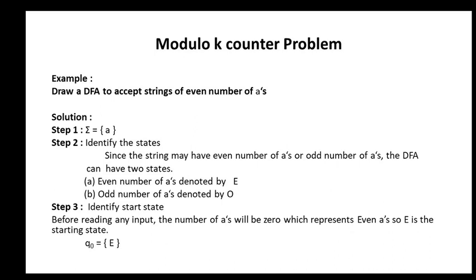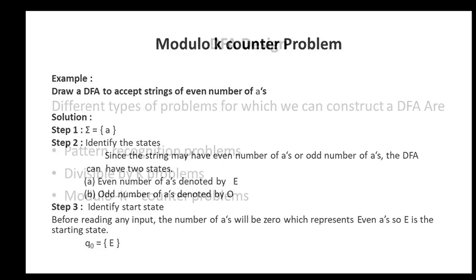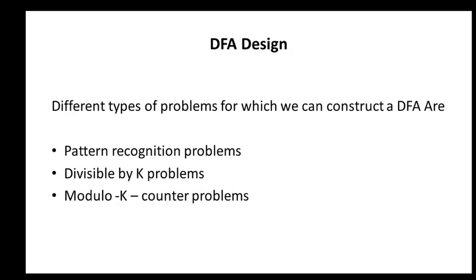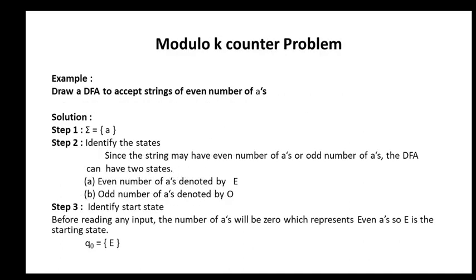The pattern recognition and divisible by k problems were discussed in the last session. In this session, we are going to discuss modulo k counter problems, and with an example we'll see how it works.